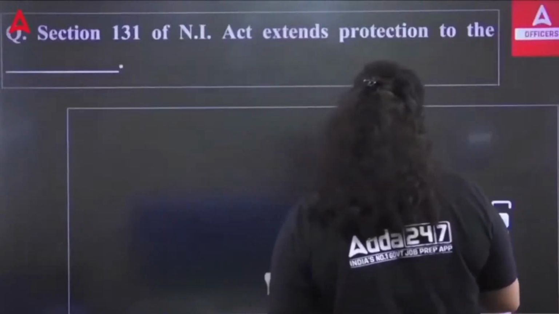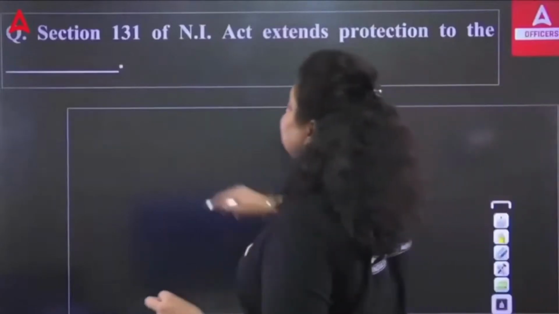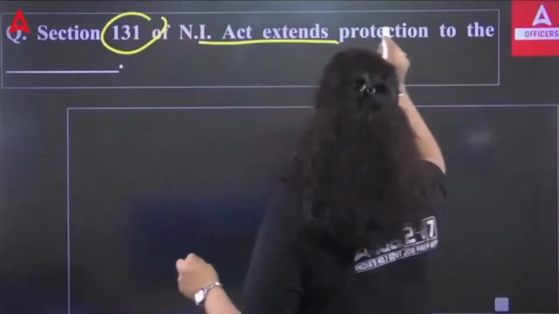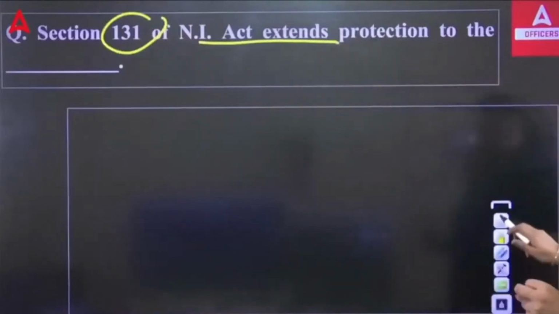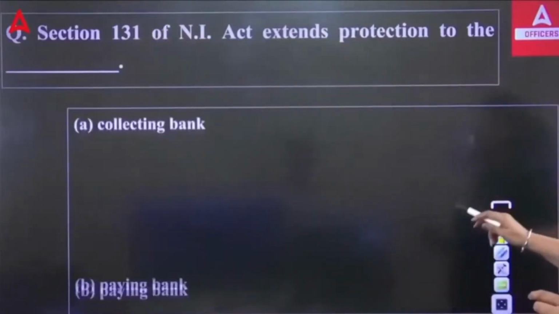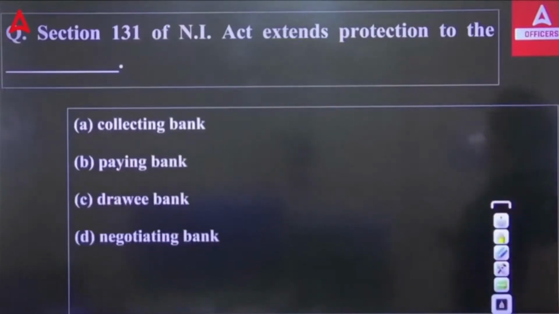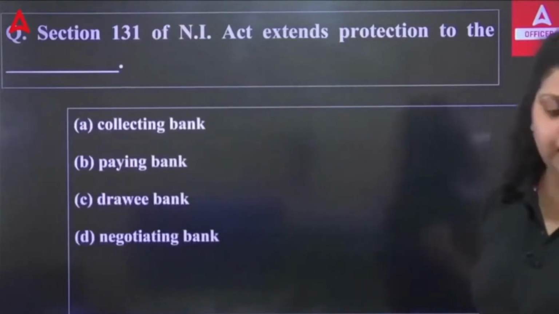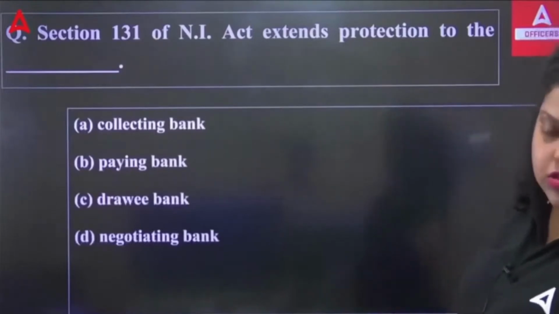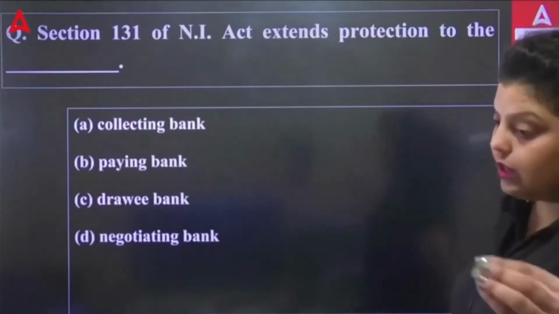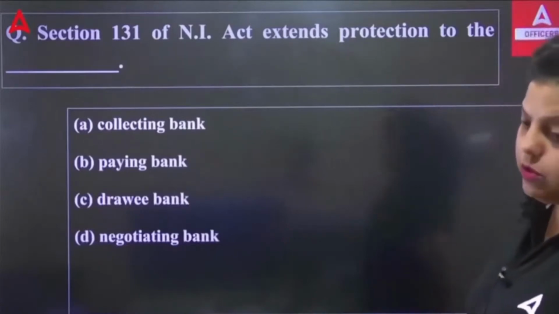The first question is talking about Section 131 of the Negotiable Instrument Act, which extends the protection to the dash. So it extends the protection to whom? To the collecting bank, paying bank, drawing bank, or negotiating bank. It talks about a lot of conditions about the check, like who is liable and who is not. All these conditions are in the Negotiable Instrument Act.